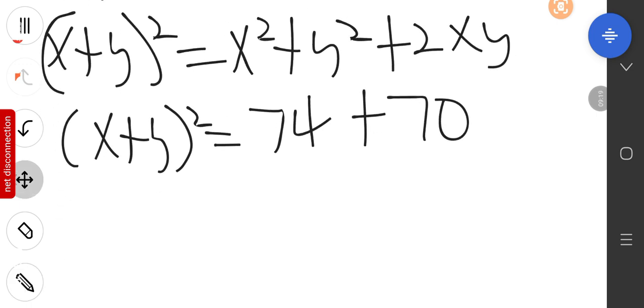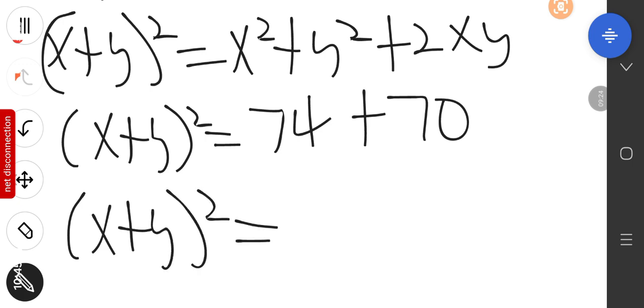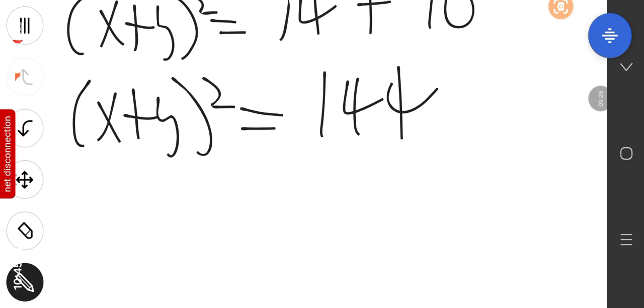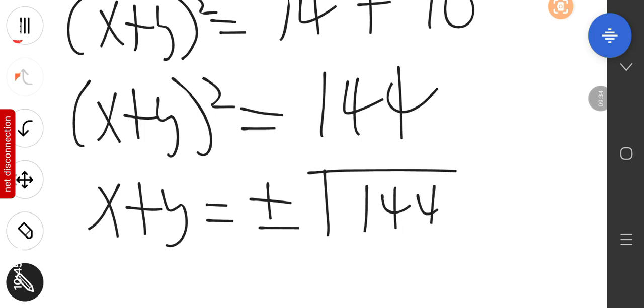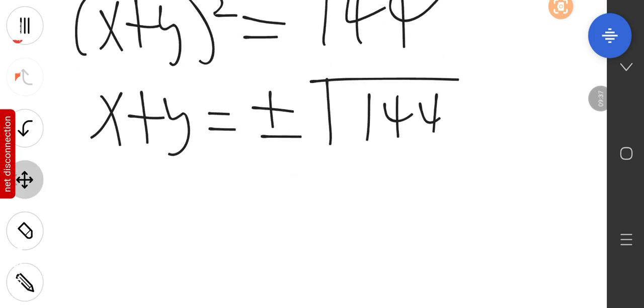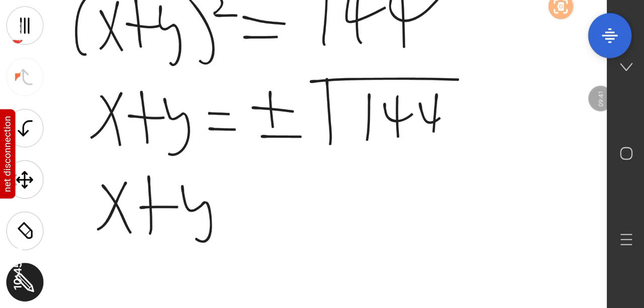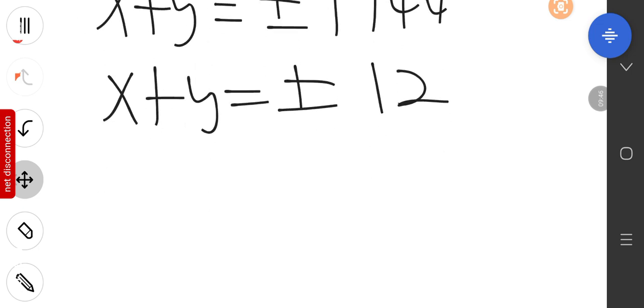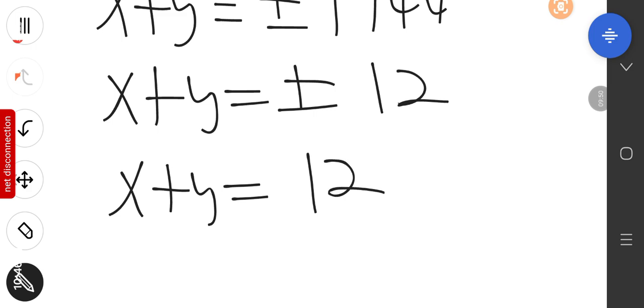So x plus y squared equals 144, so x plus y equals plus or minus the square root of 144, so x plus y equals plus or minus 12. The first one is x plus y equals 12.